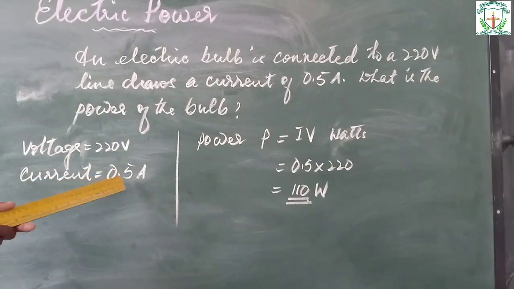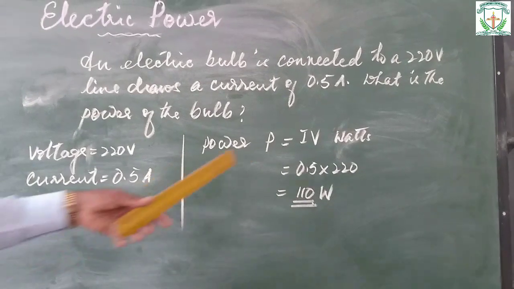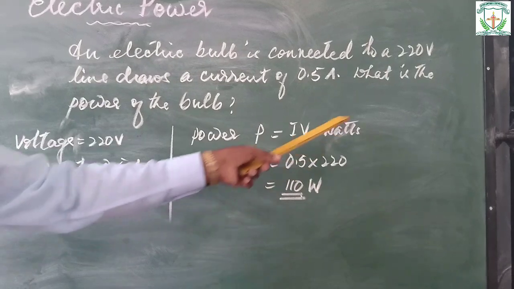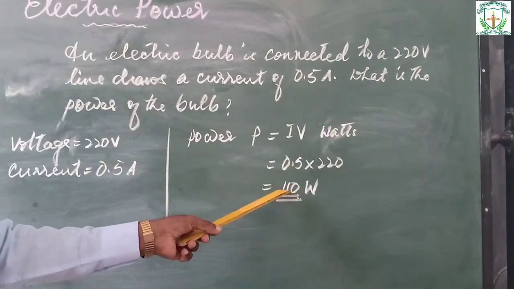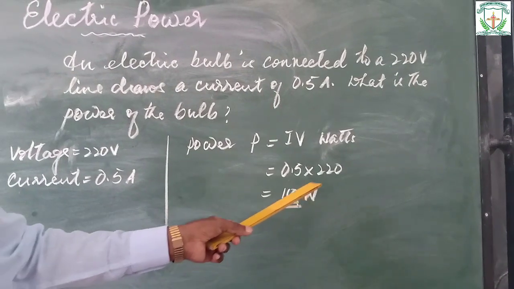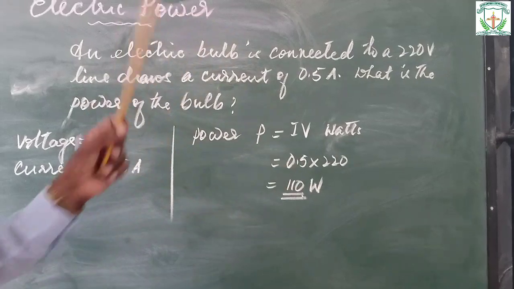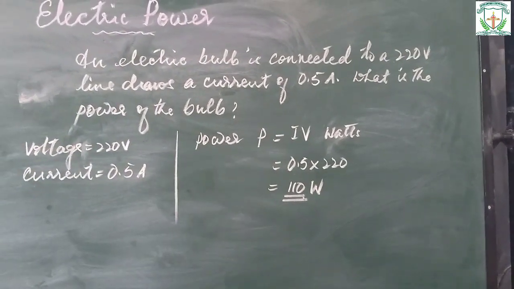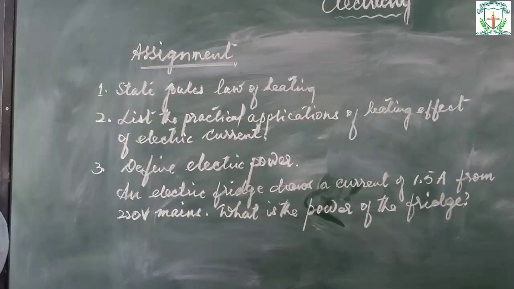Current drawn is 0.5 ampere. And you know the relation: power is equal to IV watts. I is 0.5, V is 220 volts. If you multiply these two, you get 110 watts. What is the unit of power? Watts. Okay. So very simple. There are similar problems in the exercise, so work it out and improve your problem solving skill.